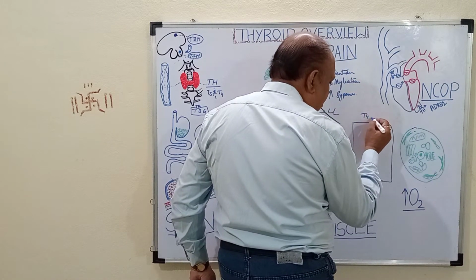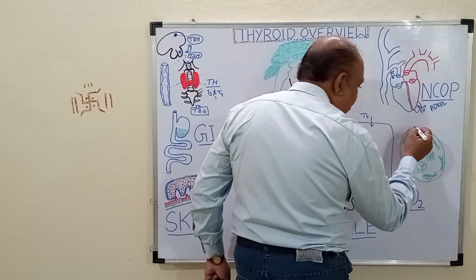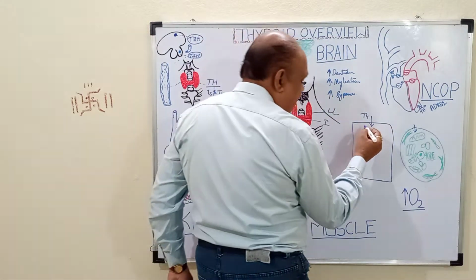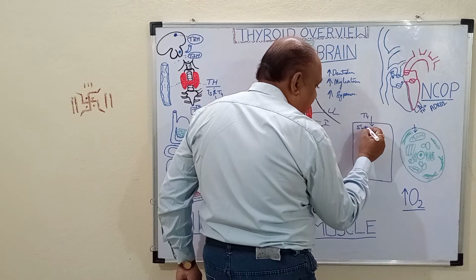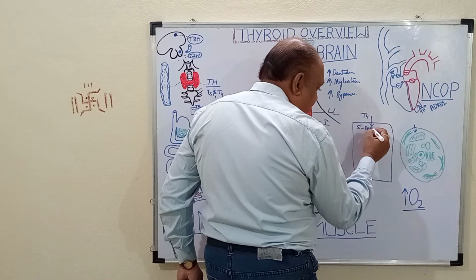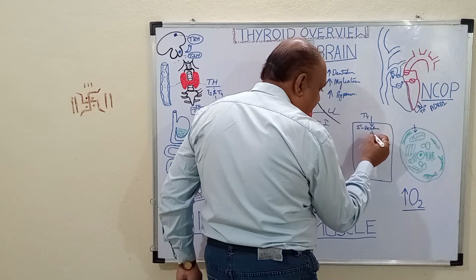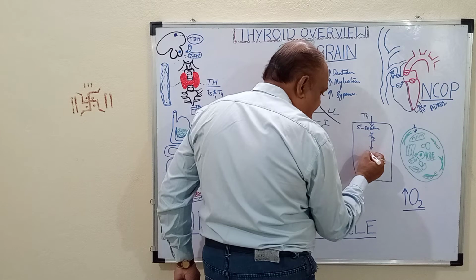T4 easily passes through the cell membrane here. Now here, one special enzyme by name 5' deiodinase converts this T4 to T3.